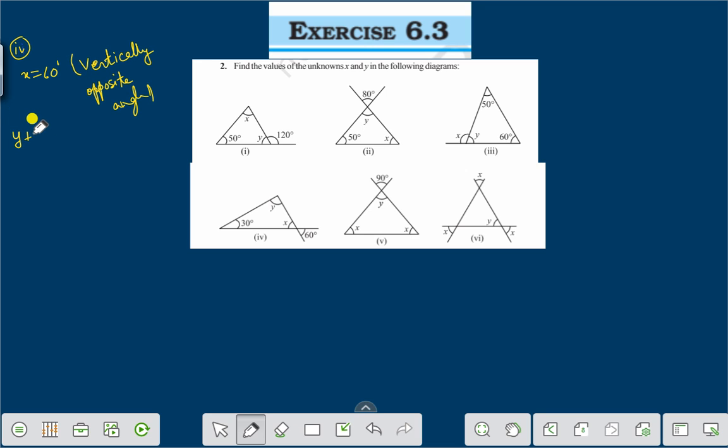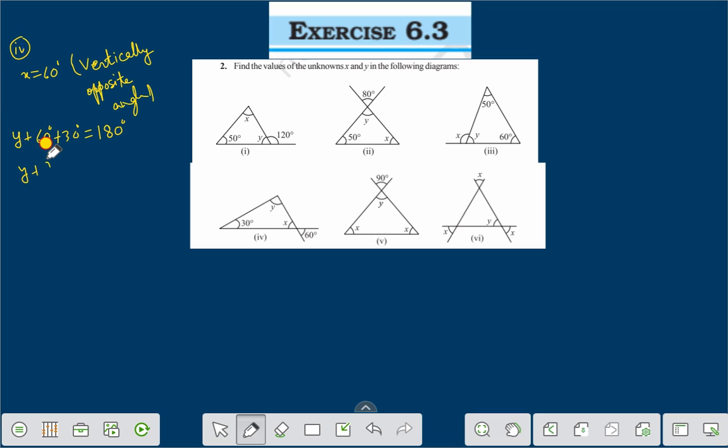Now y plus x, x is 60 degrees, so y plus 60 degrees plus 30 degrees. We know that the sum of the angles of a triangle is 180 degrees, the angle sum property of a triangle.